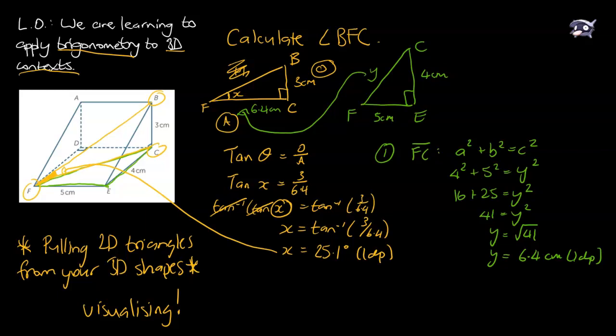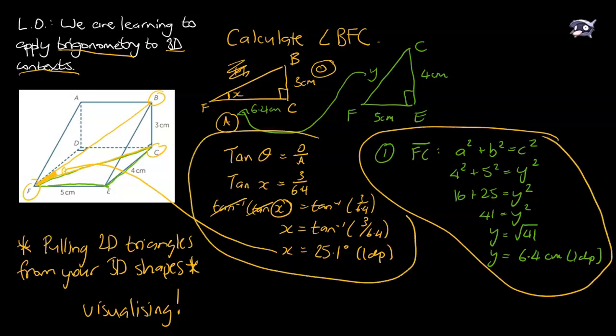So fairly happy with that answer. Hopefully you can see the techniques that I've used, how I've tried to link the 3D diagram with 2D diagrams. Hopefully you can see the link in FC and FC within the two diagrams. And then we used our right angle Pythagoras Theory and trigonometry to help us solve this type of question.